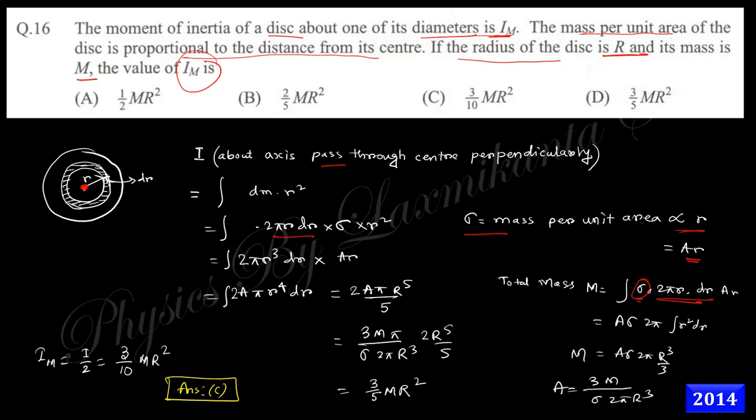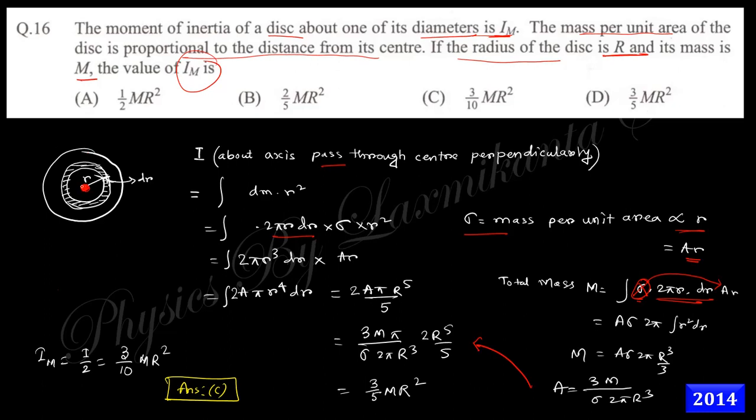If you put this value of sigma, a r, so integrating, you will get this value of a. Put this value of a in this relation, and you obtain 3 by 5 m r square. So this is the moment of inertia about the axis passing through the center and perpendicular to this plane.